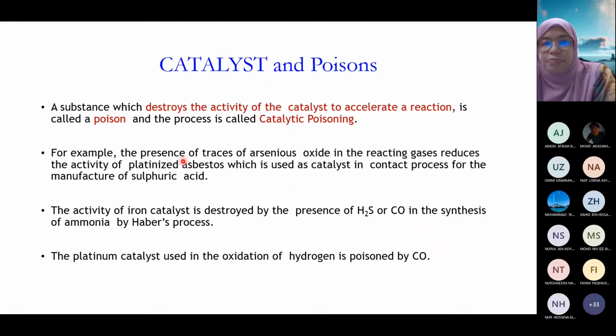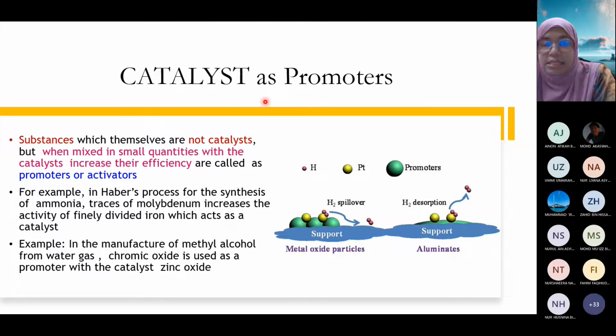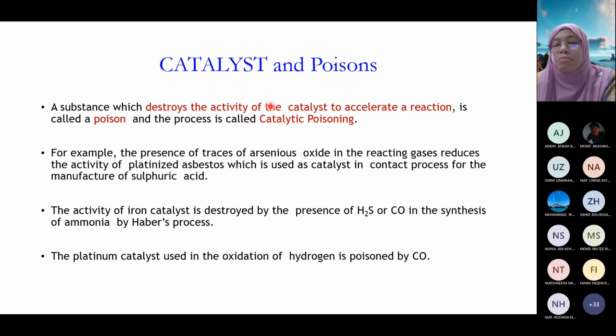And then finally, catalyst and poison. So kalau the previous one, catalyst as a promoter, it will increase the rate of reaction. But catalyst poison will reduce the reaction ataupun eliminate the reaction because it will destroy the activity of the catalyst. A substance which destroys the activity of the catalyst to accelerate a reaction is called a poison.